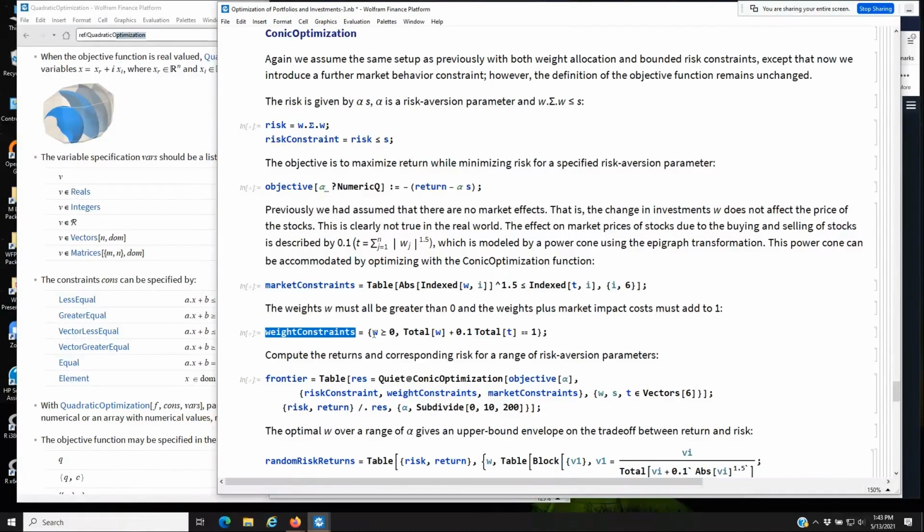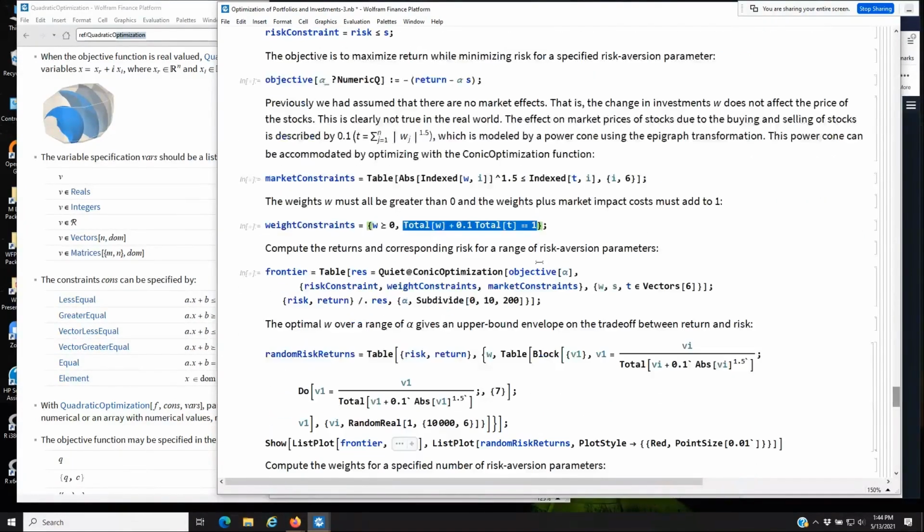And now our weight constraints change. Because W is no longer going to add up to 1, we also have to take into account the effect of the market, how this market constraint affects things. So this is going to be the total value for T multiplied by 0.1, and the sum of those two will give us 1. So you have this feedback effect.